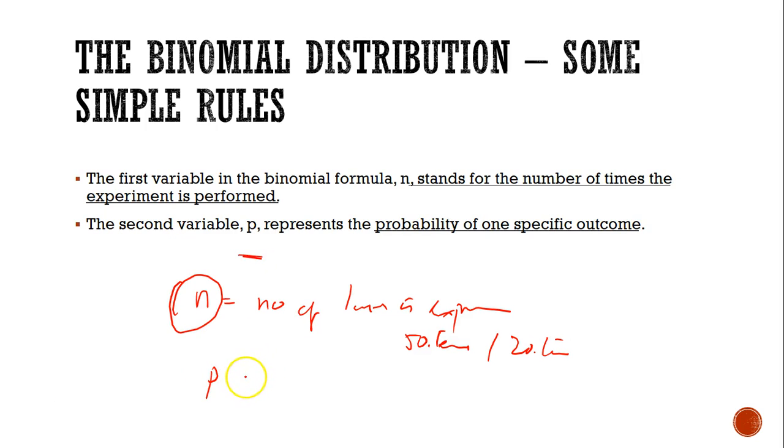So for example, if I pick up one item, I could have a 0.05 chance of a defect. Therefore, I will have a 0.95 chance of no defect, right? And so that's what the P is. The P is the probability of one specific outcome.